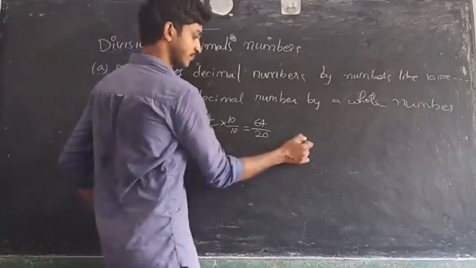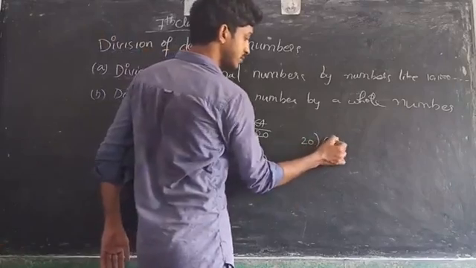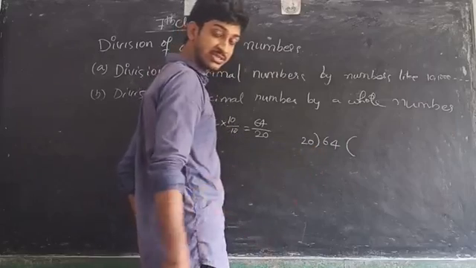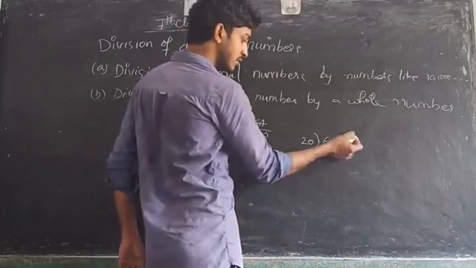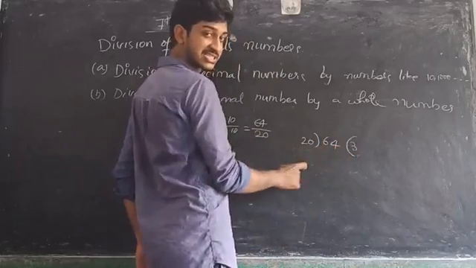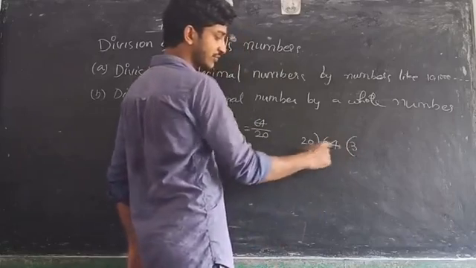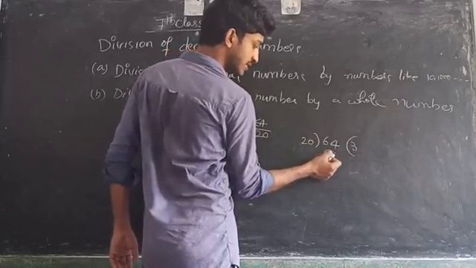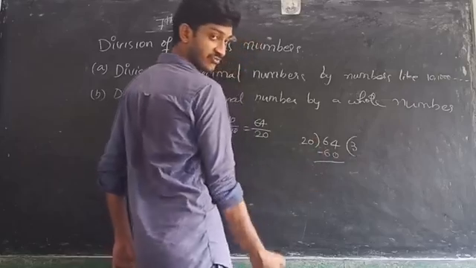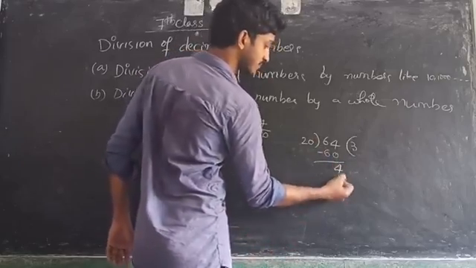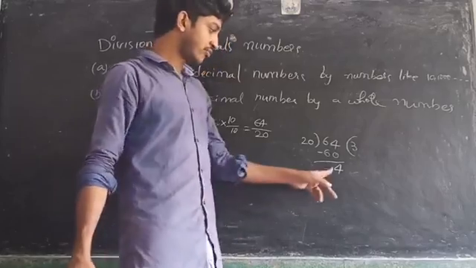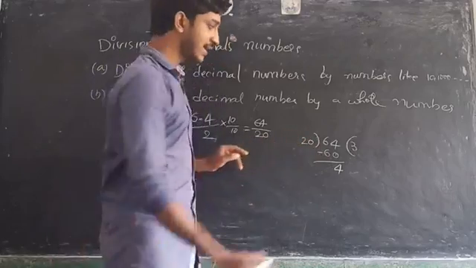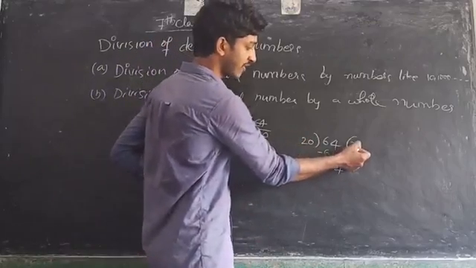Now divide this. 20 into 64. How many times? 3 times. 20 into 3 is 60: 0 into 3, 0; 3 into 2, 6; total 60. Subtract this. If you subtract, 4 is the answer. 4 is less than 20, so we place a decimal point here for adding 0.